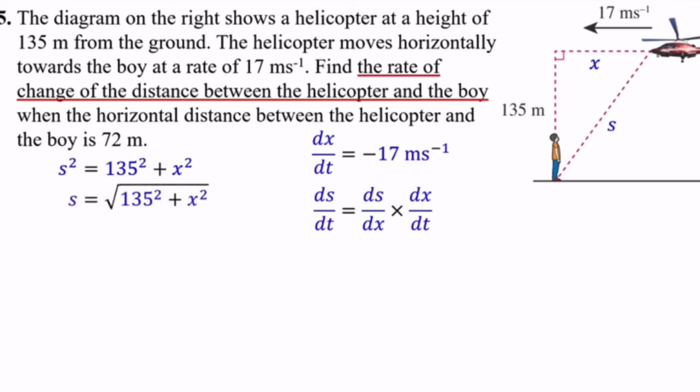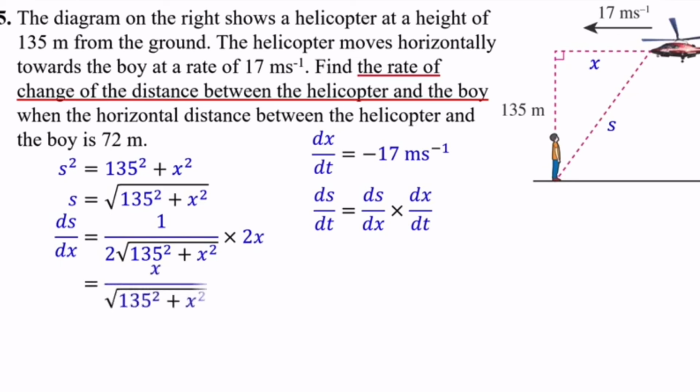So we have to differentiate this. Every time we want to do rate of change, we have to differentiate, and then substitute the value into it. So ds/dx is 1 over 2 square root of 135 squared plus x squared, then differentiate x squared, we get 2x, right? Then we substitute the x value, because the question gave the horizontal distance of the helicopter and the boy as 72.